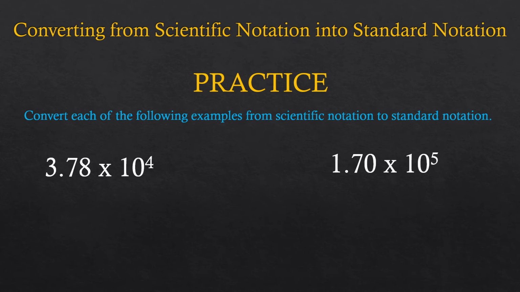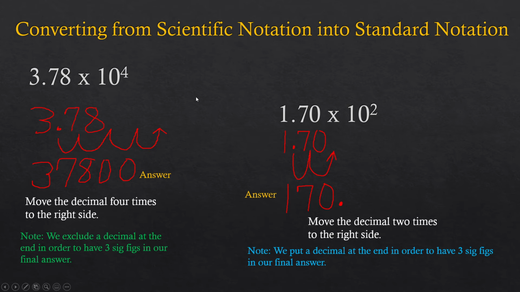Okay, here's our next numbers where you can feel free to pause the video if you need to. Okay, so 10 to the power 4, the 4 is telling us to move the decimal 4 times to the right. 1, 2, 3, and 4. We add our zeros where you see the waves.